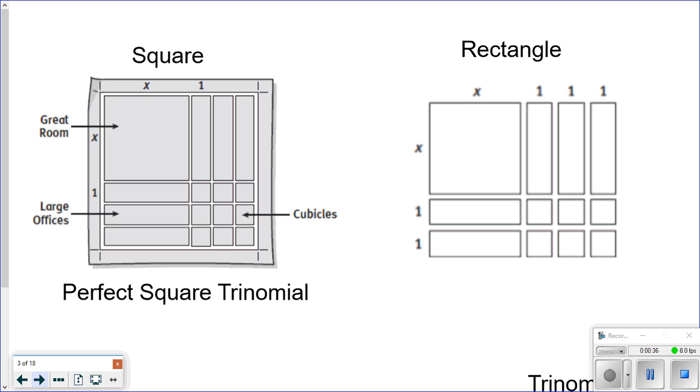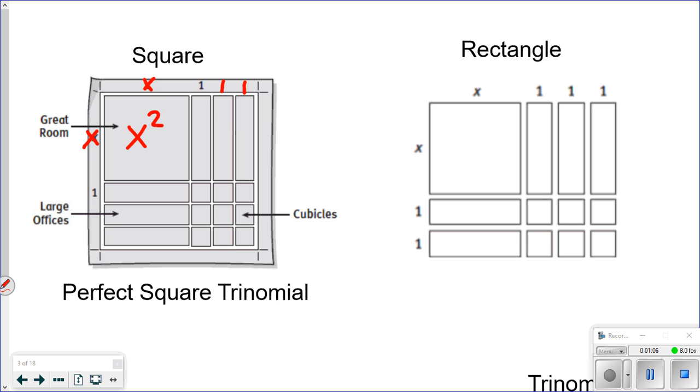So this picture comes from your book. And just a reminder that at the top, if we have this x right here and this x, if we multiply the side times the side, this big square is x squared. And these long skinny rectangles are labeled as 1.